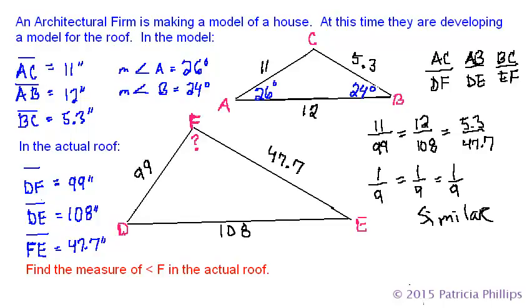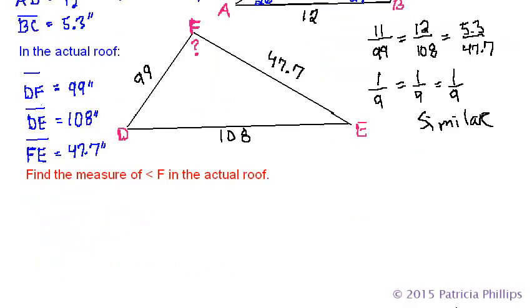So A is 26 degrees, B is 24 degrees, and we're just going to create our own little math problem. The measure of angle A plus the measure of angle B plus the measure of angle C equals 180. But we don't know C, we know A and B.